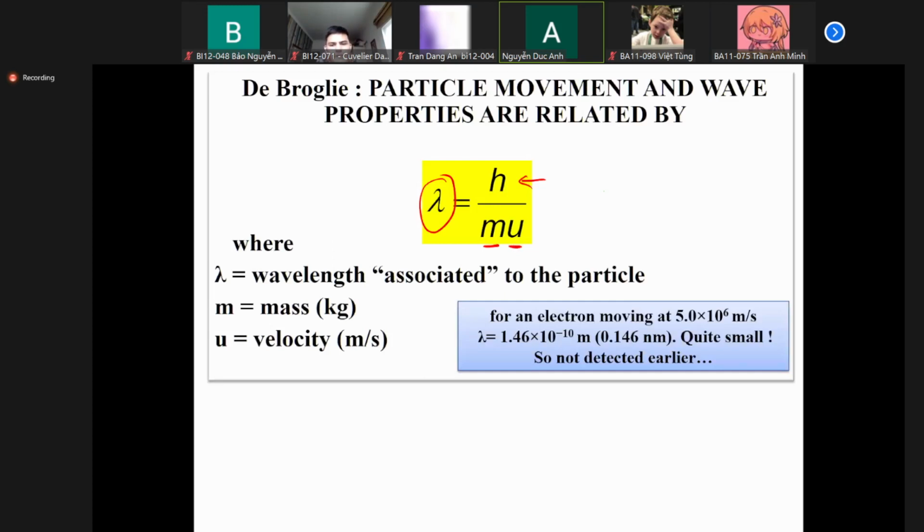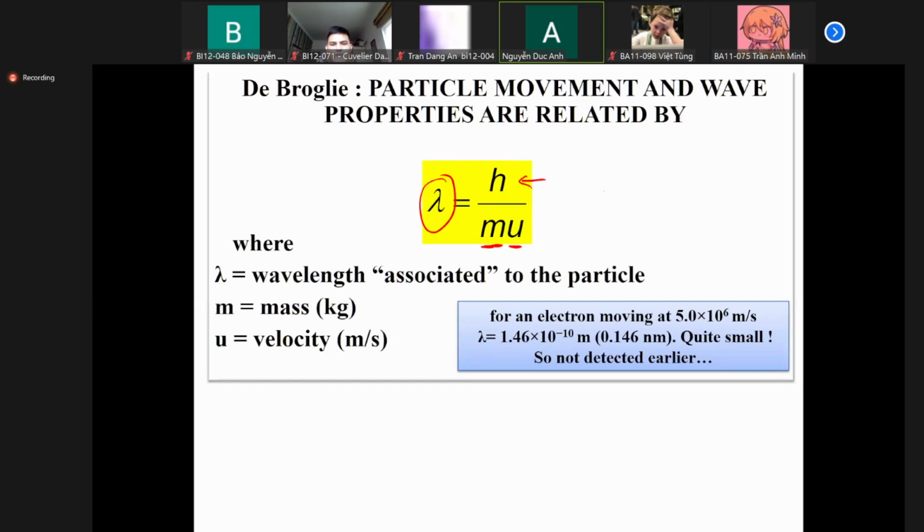Okay, so do you see that? With this equation, if you have a particle with quite high mass, lambda will be very small. This is the reason why when you see big objects like a cup or your phone, you will not see the wave characteristic of these things, because the mass is too big, right?